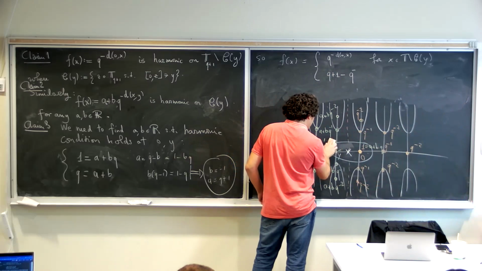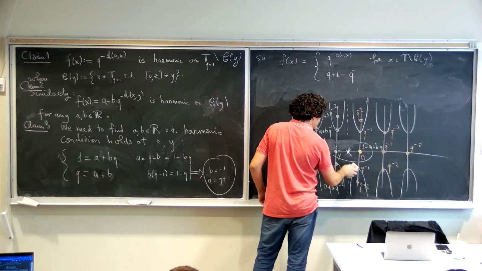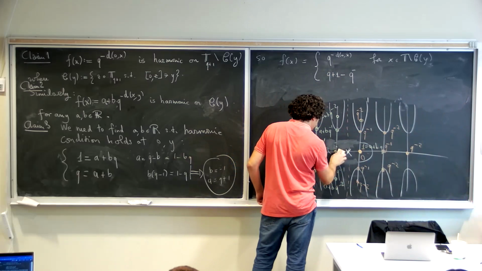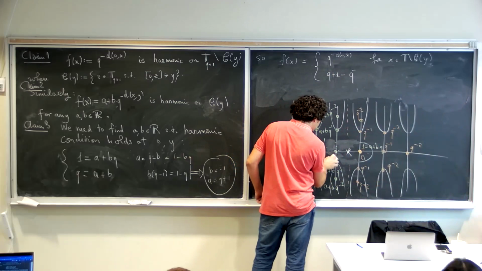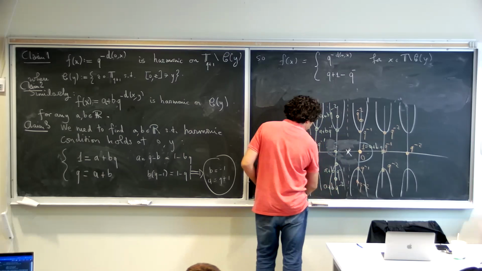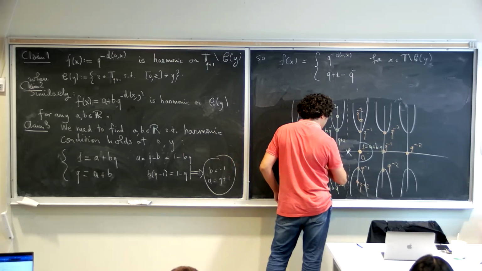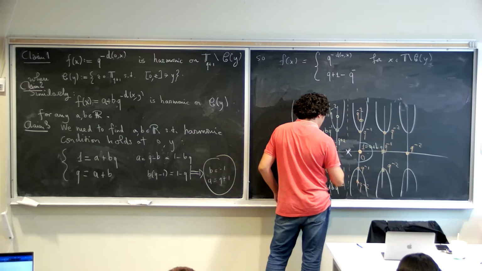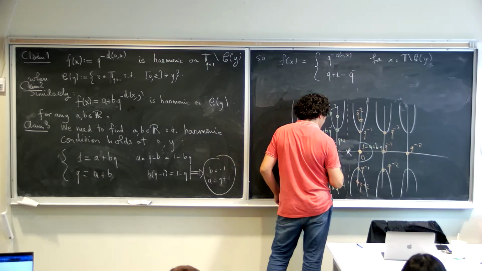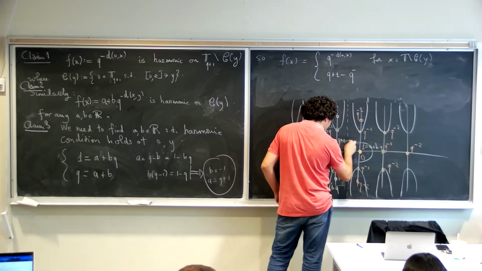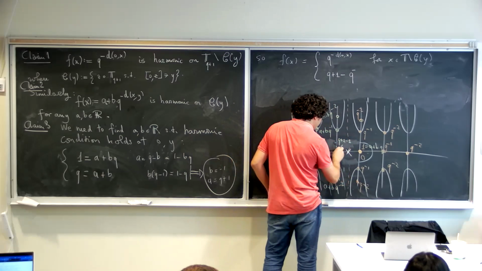So what is the value here, for instance? The value here would be q plus 1. So it has to be q plus 1 minus 1, because it has to be q.